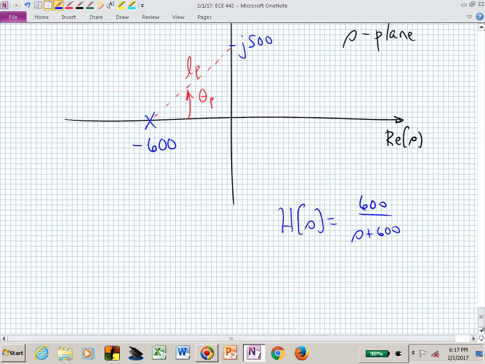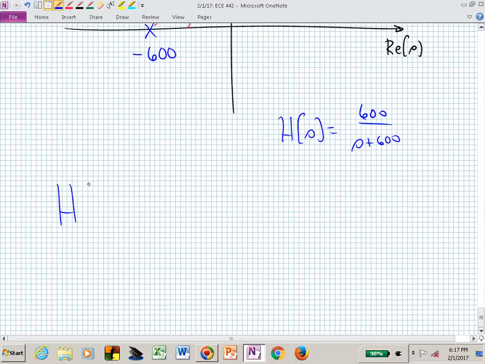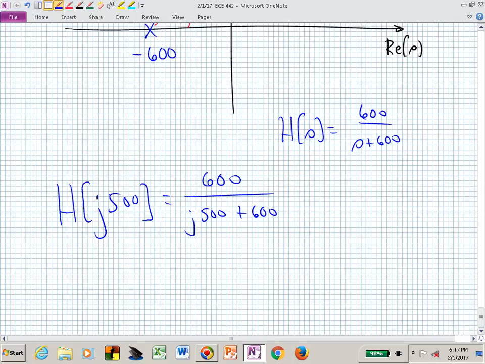Or we are trying to find this complex number h of j 500. That's now 600 over j 500 plus 600. We're just replacing s with j 500.